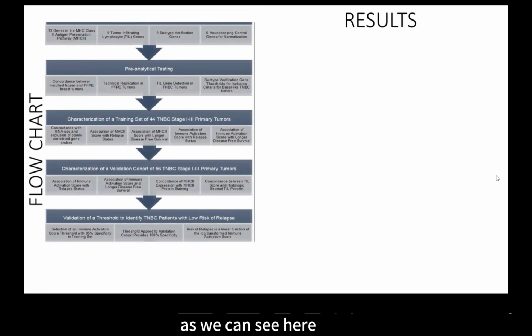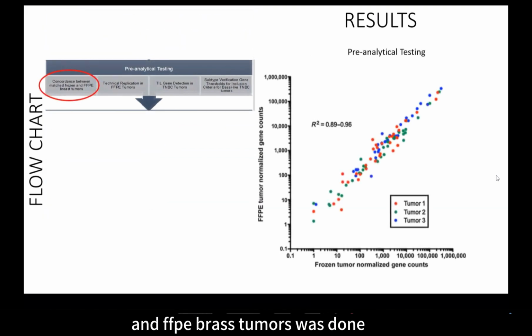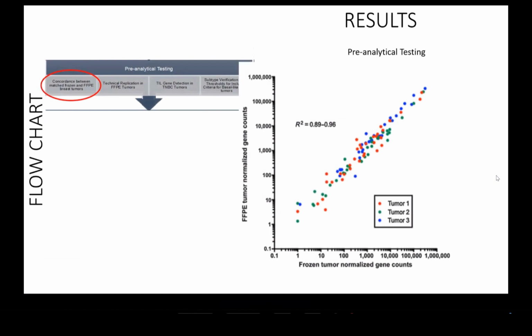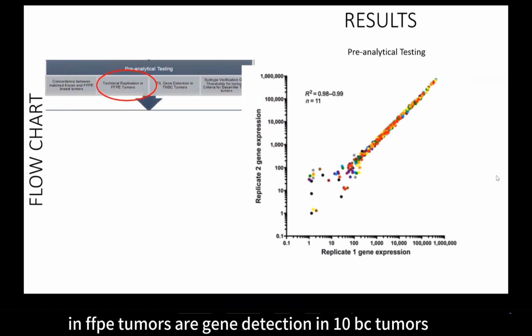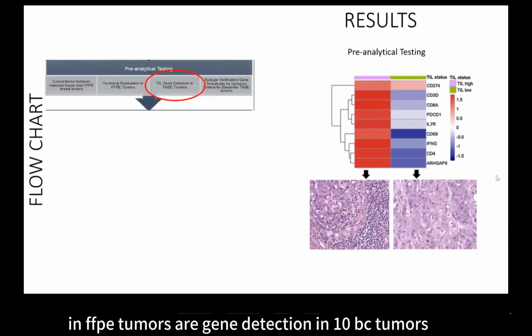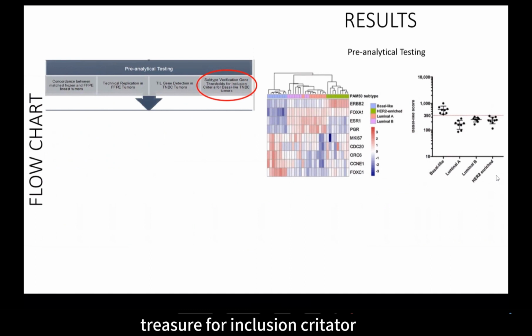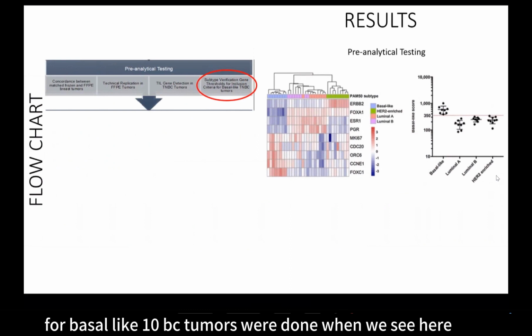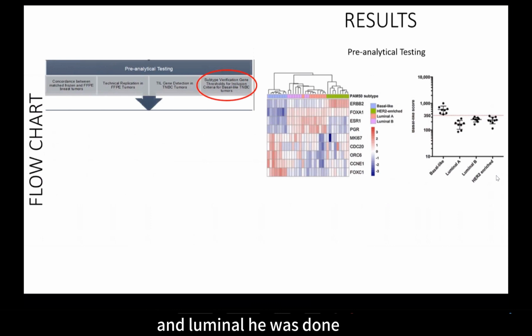As we can see here, pre-analytical testing, concordance between matched frozen and FFPE breast tumors, was done, followed by technical replication in FFPE tumors, TIL gene detection in TNBC tumors, and the subtype verification gene threshold for inclusion criteria for basal-like TNBC tumors. Here we can see basal-like, HER2-enriched, luminal A and luminal B.